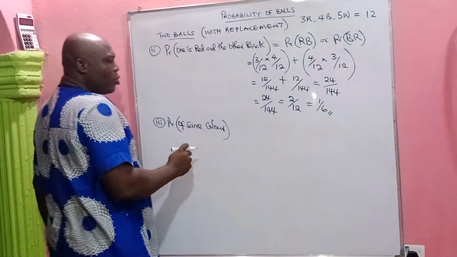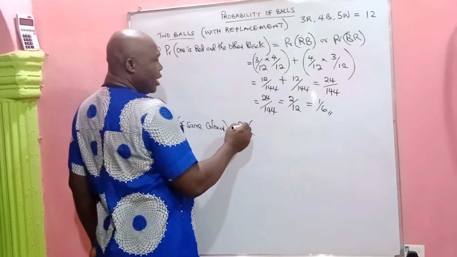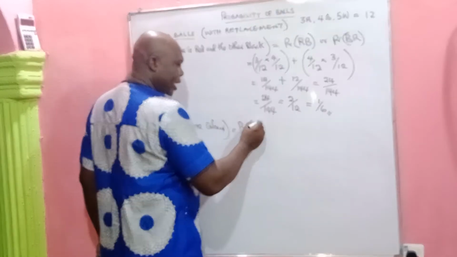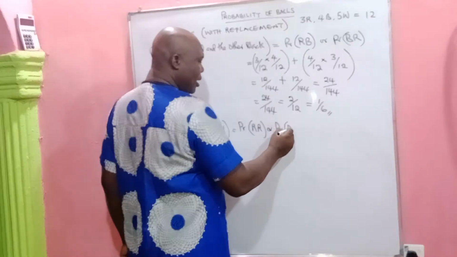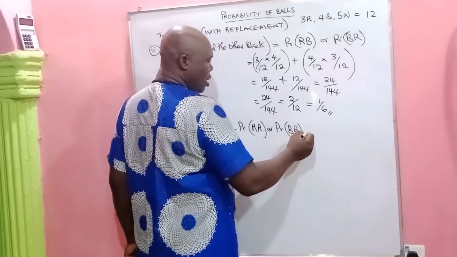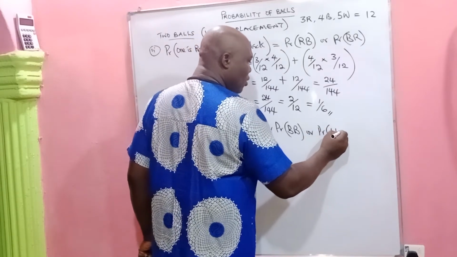Of the same color means that the first one you pick is red and the second red, or the first one you pick is black and the second black, or the first one you pick is white and the second white.